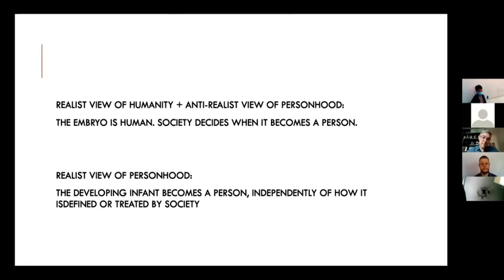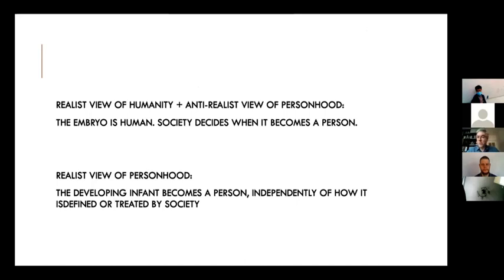Similarly, if we take an anti-realist position, we could say, if we look at the issue of the slave, which we looked at early on, society did not confer personhood onto the slave. Society made the slave into an object.